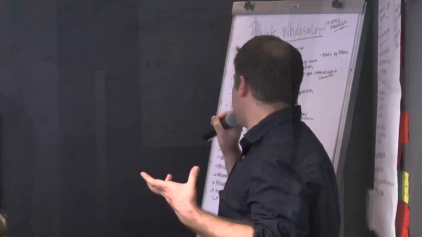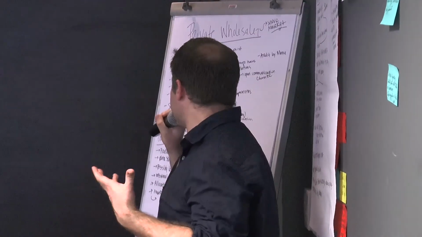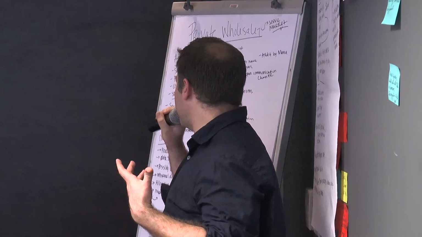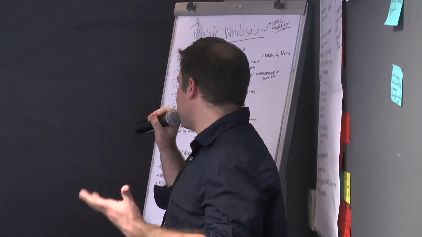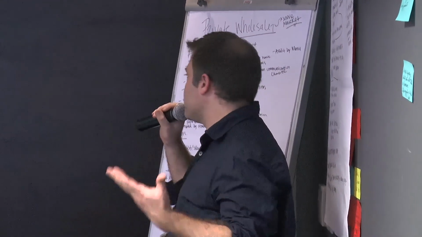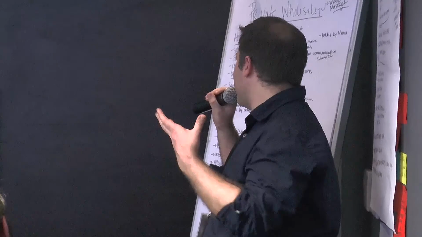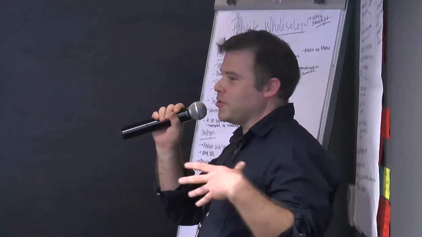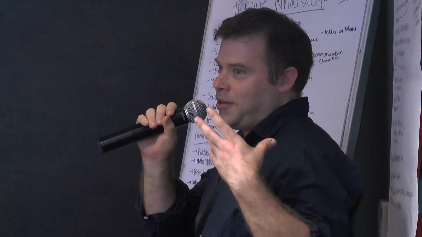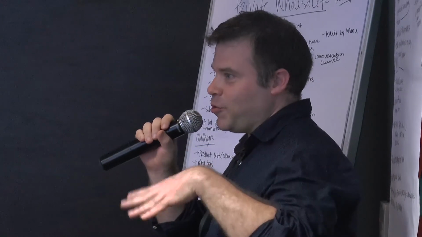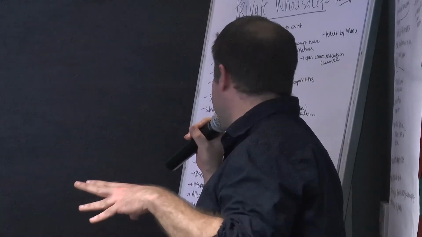Okay, so that's obvious. They often will have electronic catalogs, but sometimes they don't. They would often have climate control and other GDP qualifications inside their warehouse, but sometimes they don't.